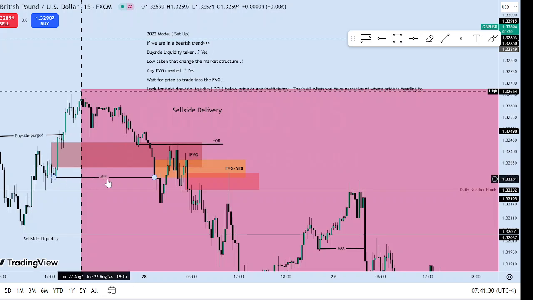this market shifting structure. Market shifting structure is that we have shifted from buying model to selling model. That's the meaning of market shifting structure. We have shifted from buying to selling now. And we created a fair value gap here already before price went up and we delivered. Then violated it, trade below and close below it.